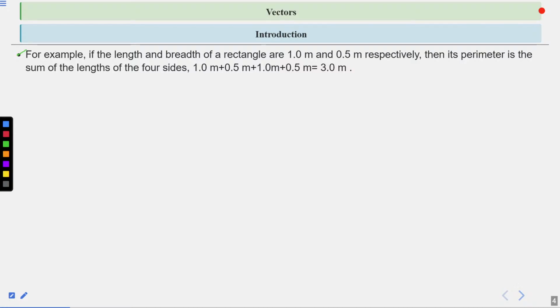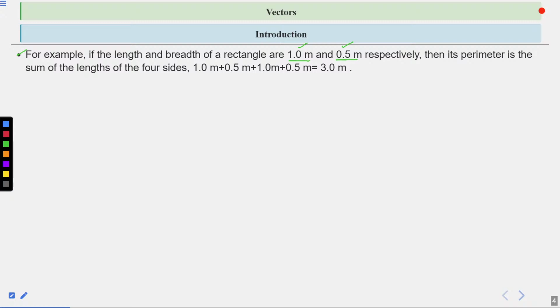For example, if the length and breadth of a rectangle are 1.0 meter and 0.5 meter, then what is the perimeter of the rectangle?